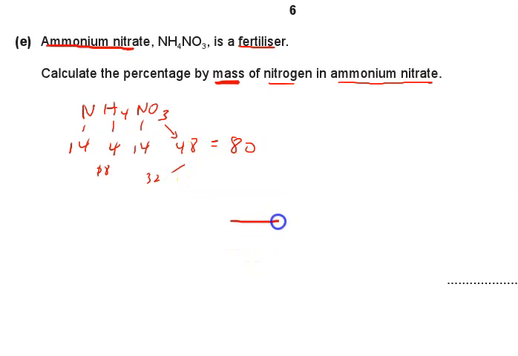Okay, about 80. So total is 80, and the nitrogen we have 2, which is 14 plus 14, we are getting here about 28. So multiply with 100.